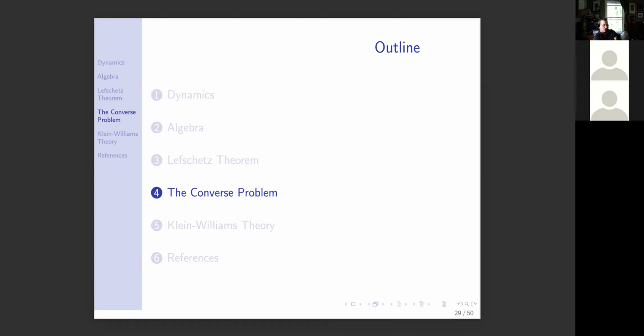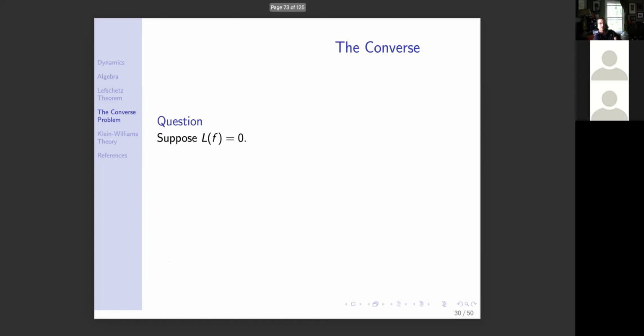Okay, so now what I'm largely interested in discussing in this talk is the converse to the Lefschetz theorem. What do we mean by the converse? So let's start off with a question which will be useless. Assume the Lefschetz number is zero, rather than being non-zero. What can be said about the fixed points of F?